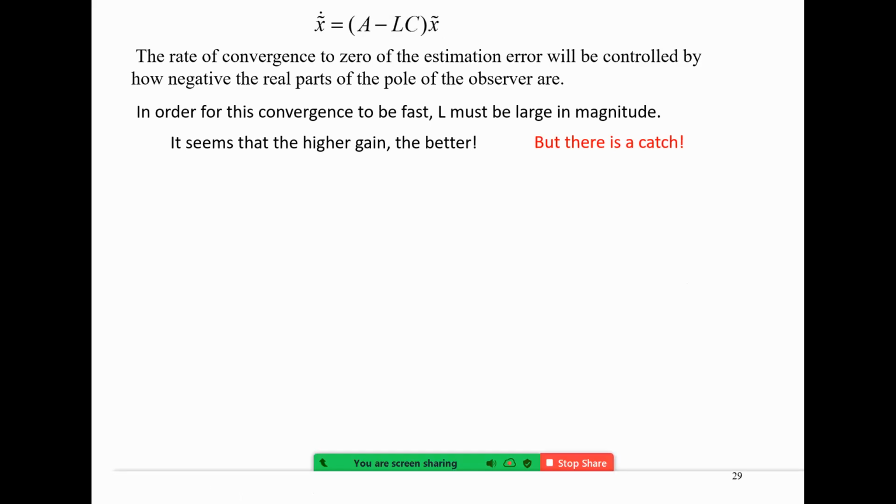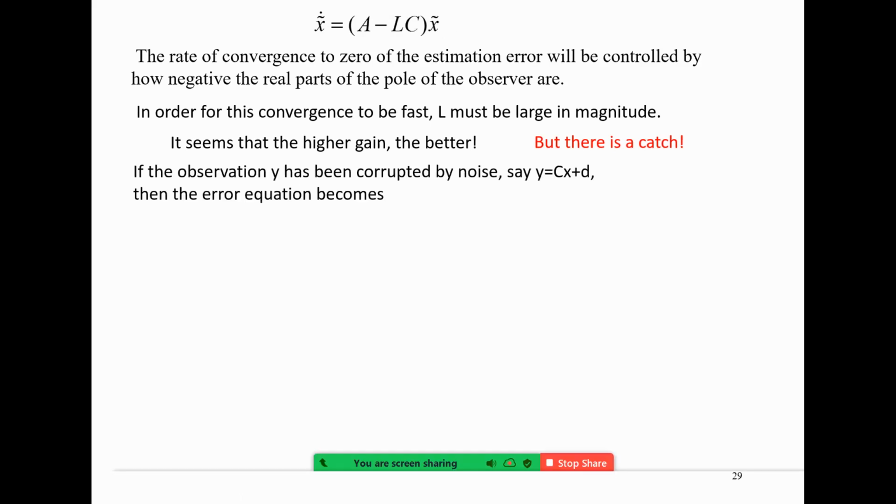It may not be as simple as you think, because again, we have to consider the effect of the noise. There is always a noise associated with your observation. Therefore, y is Cx plus d, where d is the observation noise.